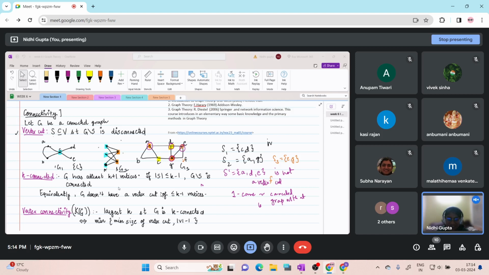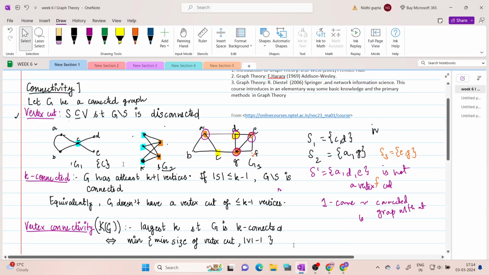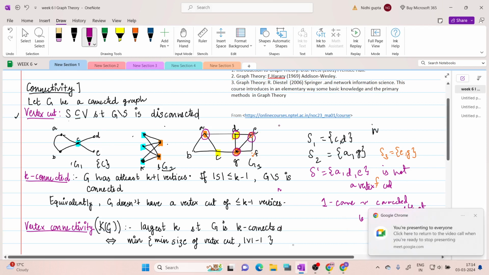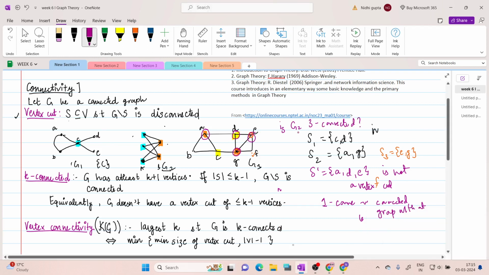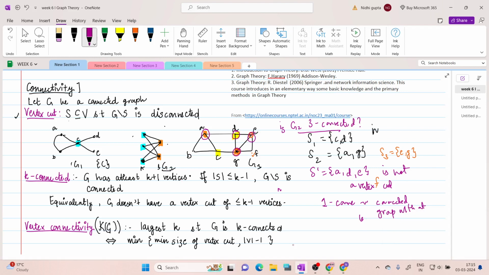But if G2 is 3 connected, then we have to say that if we pick any two vertices and remove them, the graph should remain connected. So is G2 3 connected? No, ma'am. Why? Because if I remove the two orange nodes, then it is not connected.